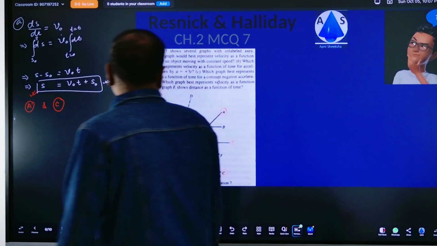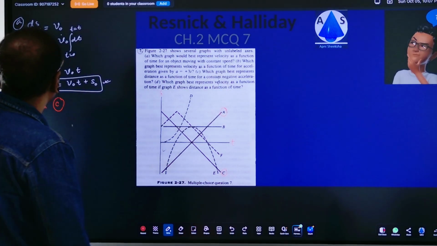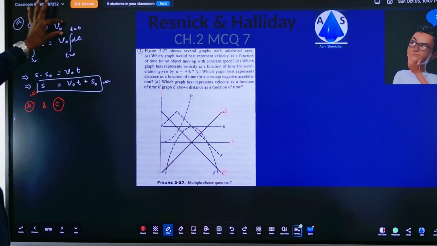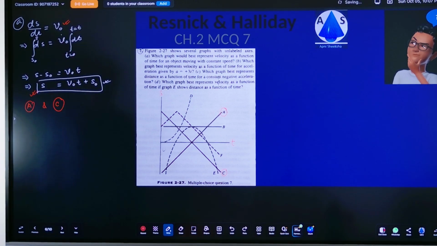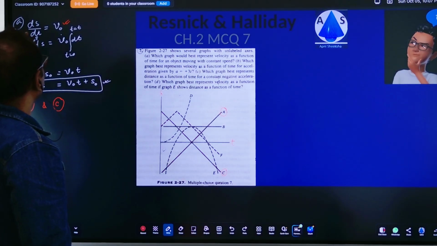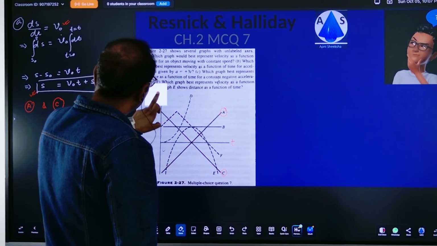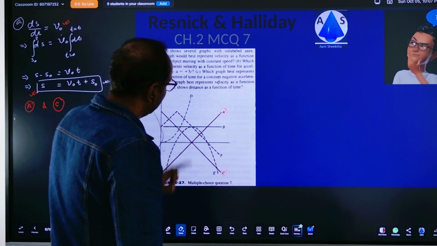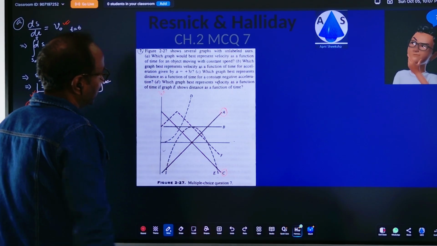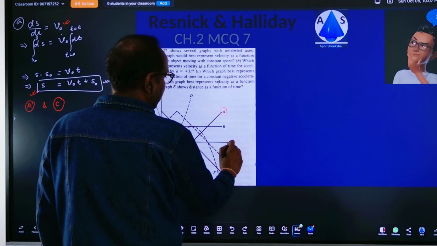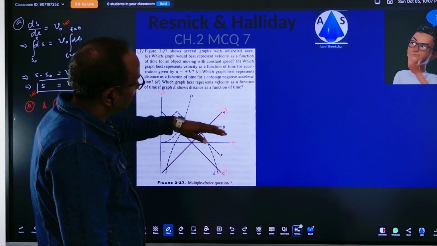That is one thing. Now, since the label is not given here, and if we go with ds by dt as v naught, we follow this equation. And ds by dt we know is representing the velocity. So if we rub this s and rub this t, and we say that the y-axis now represents v and the x-axis represents t, then this one is a constant speed graph.